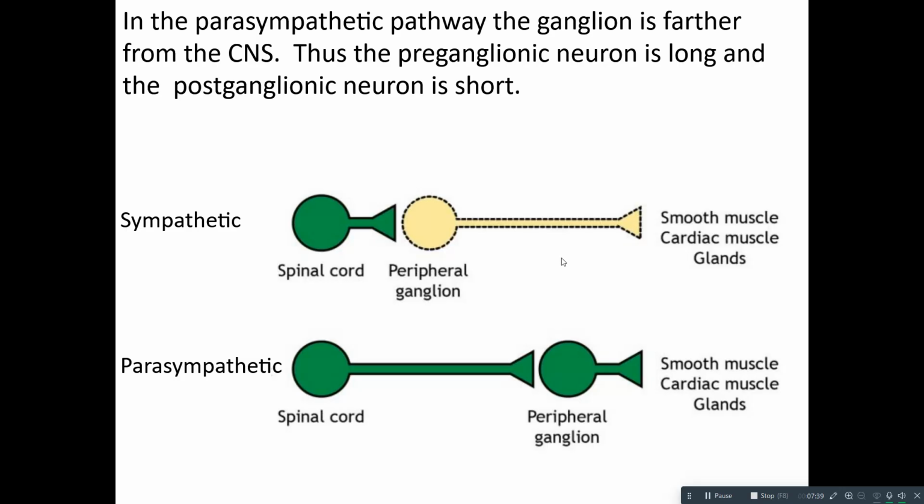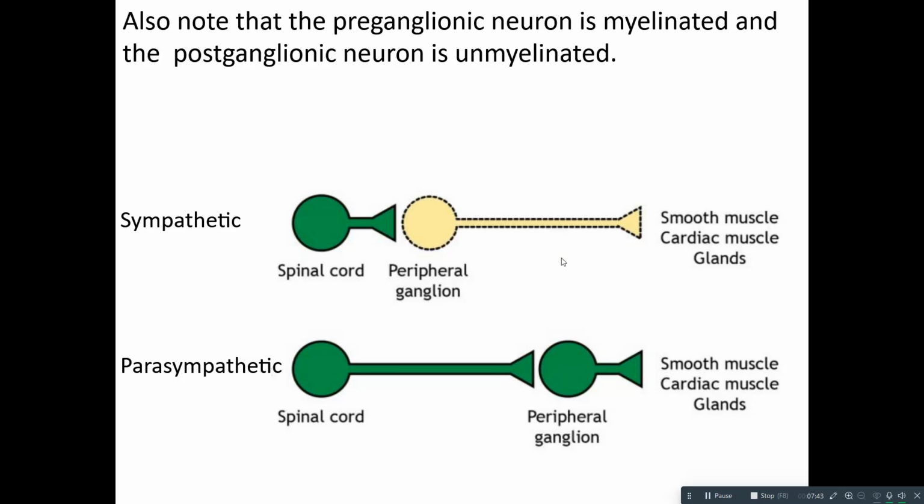I did 2 slides of information too fast. All right, another thing to notice is that the preganglionic neuron is myelinated and the postganglionic neuron is unmyelinated. This picture doesn't depict that, but we got to know the first neuron, the preganglionic one, is myelinated, then the second one is unmyelinated.